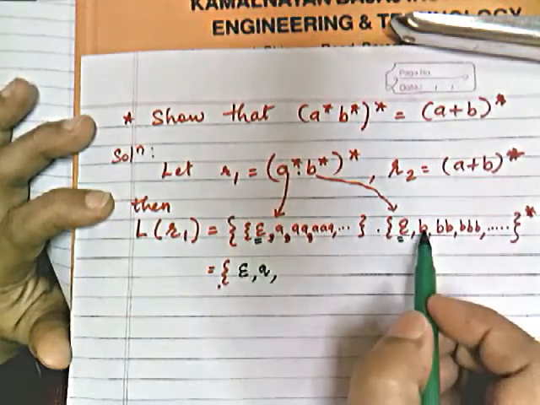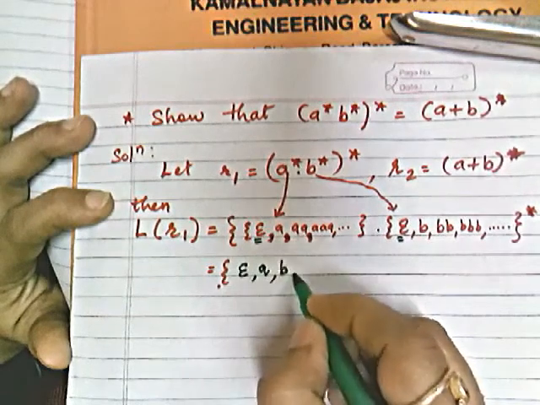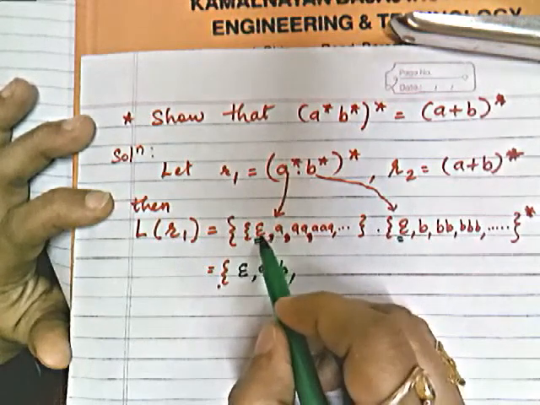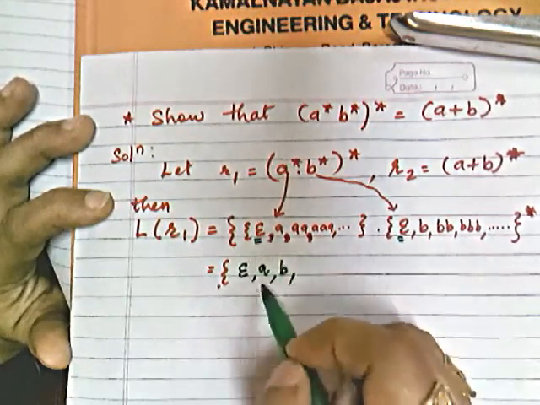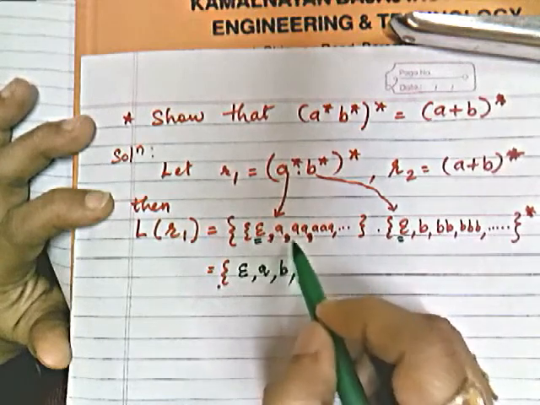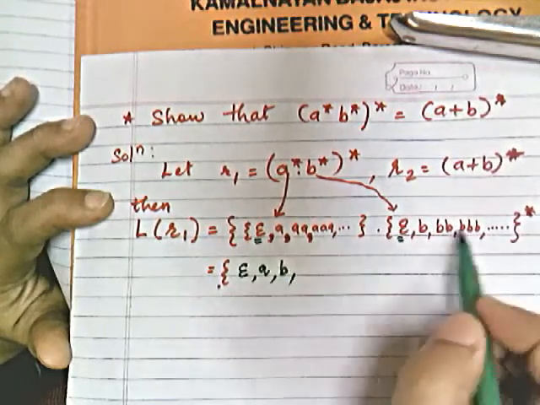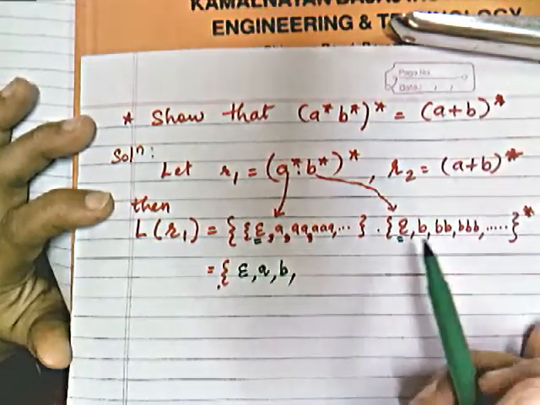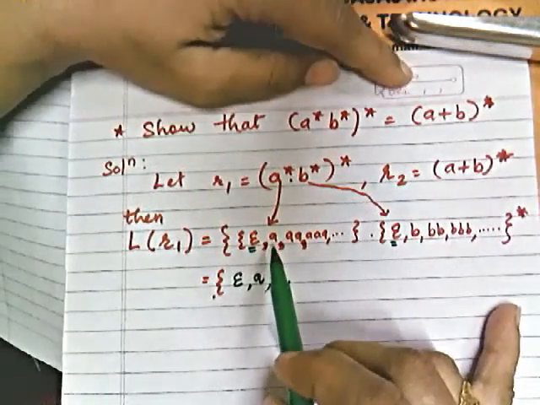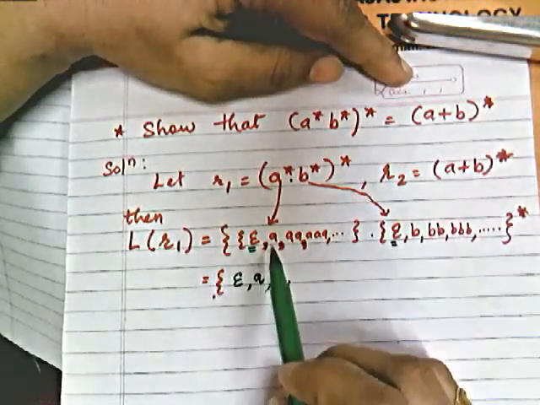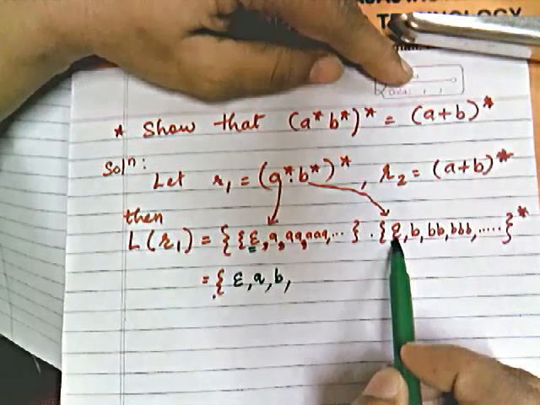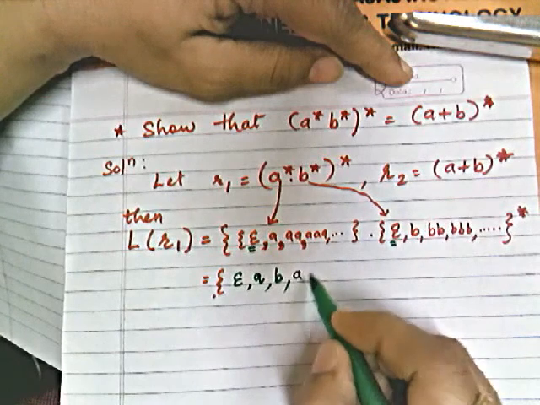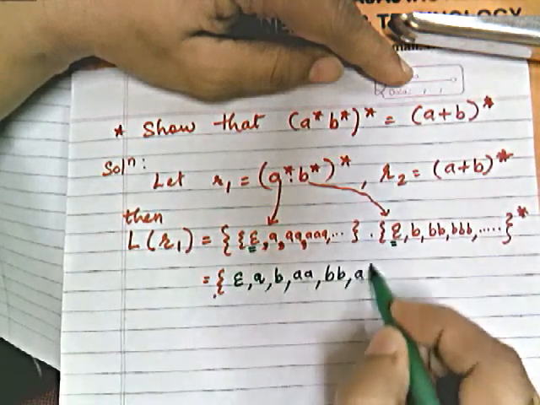Then when I concatenate it with b, I will get b. Similarly, I will get the concatenation of the empty string with ab, and all of these will stay as they are, as they are concatenated with the empty string. Later, if I concatenate this a with this, a is concatenated with the empty string, a is concatenated with b. Can I say like this?